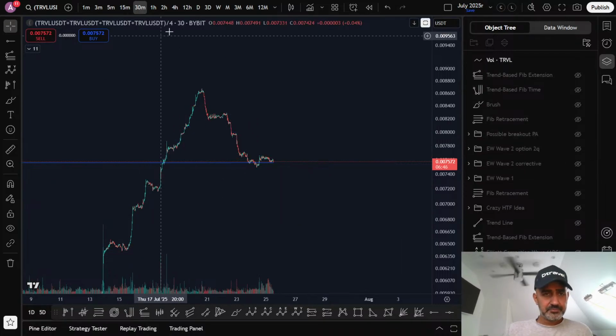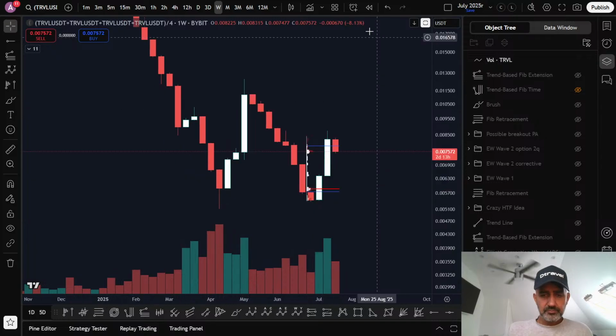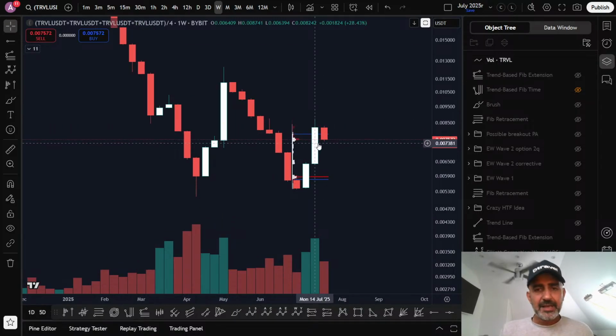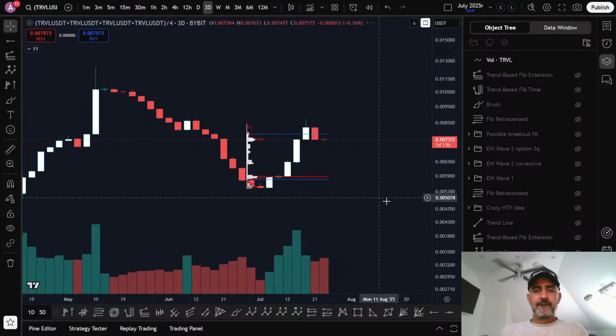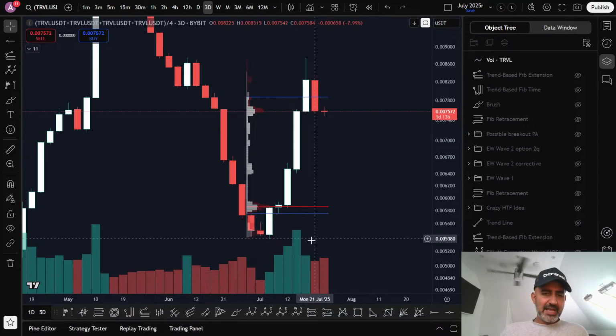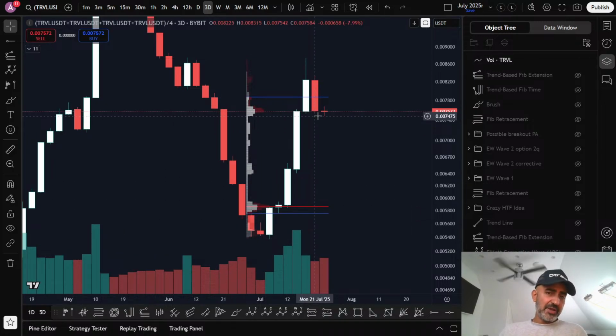Let me have a look at the weekly time frame. Getting a pullback, obviously. We've reversed that kind of bearish green candle. We've already put in more volume in the last 3 days than the previous 3-day candle.